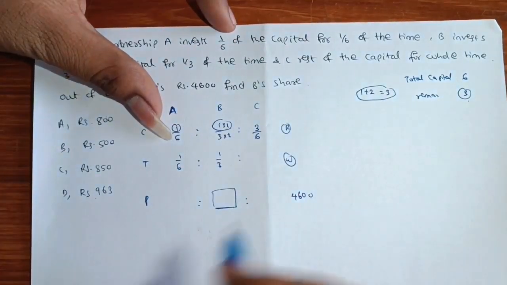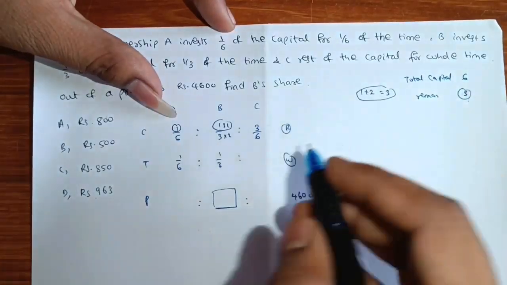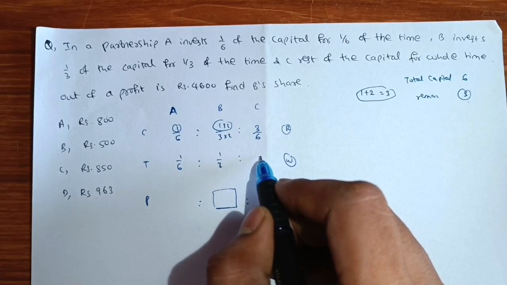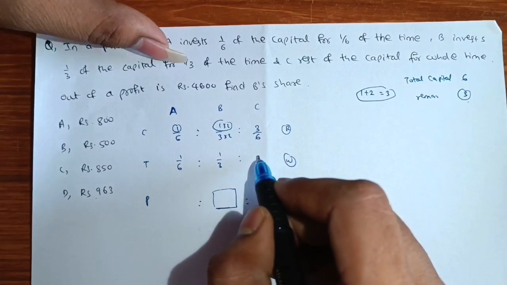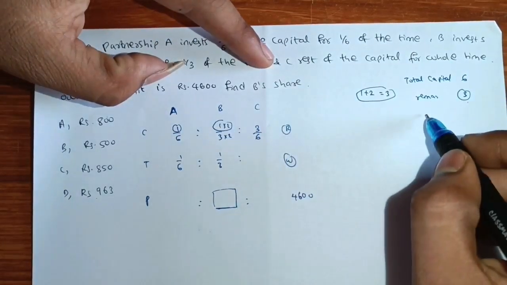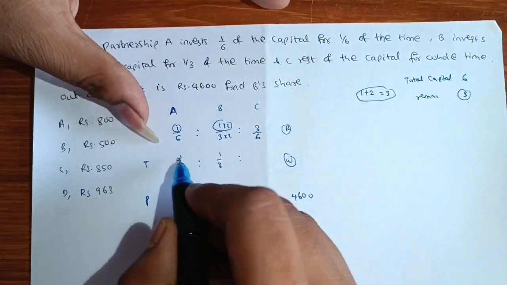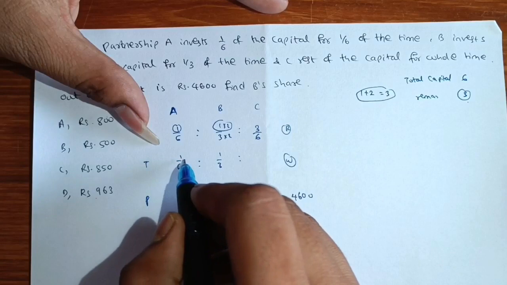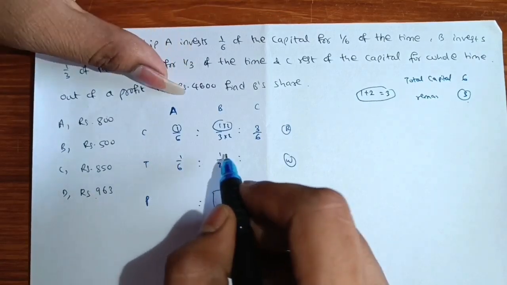Again, for the whole time it is going to invest. For the whole time means here it is of ratio 1 by 1. Suppose you check here, if the whole time is 6, A is going to invest by the one time.